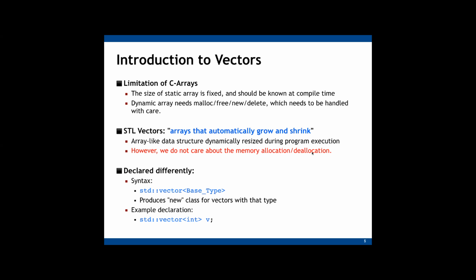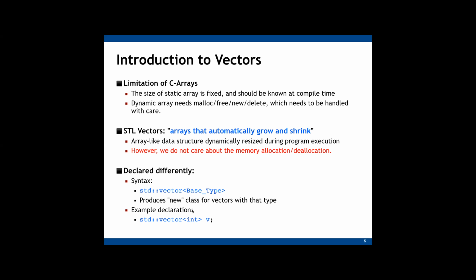And because vector is a template class, when you declare the vector class, you have to specify the base type within angle brackets, shown here. You can simply think of this as specifying a base type for an array. If you do this, then the compiler will automatically generate a class for vectors that works with the given base type.